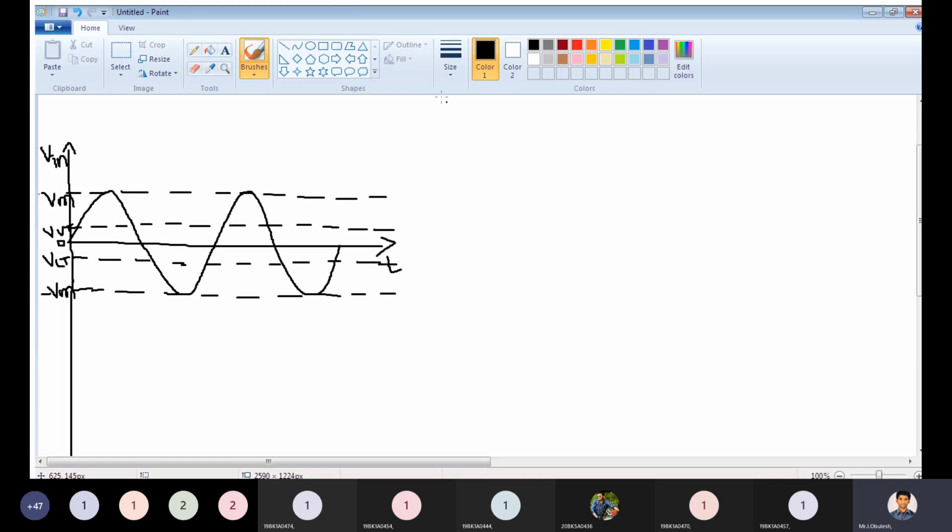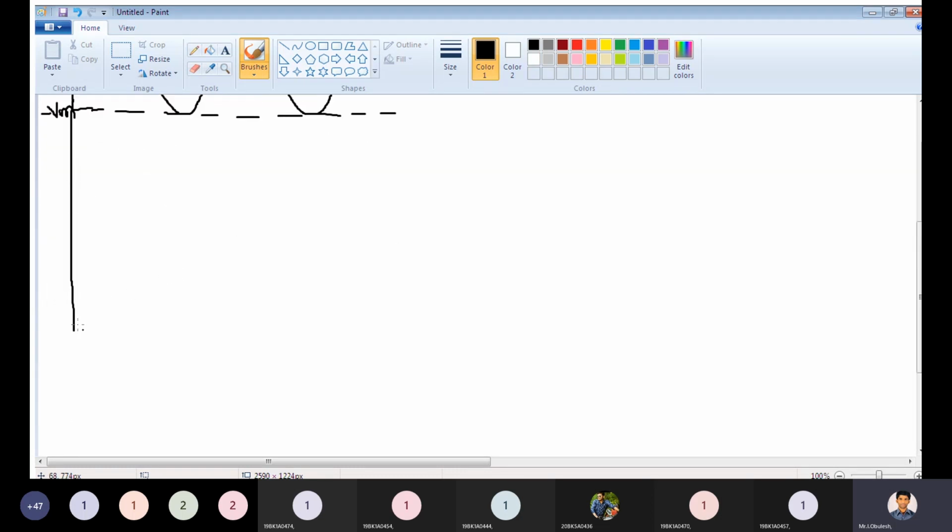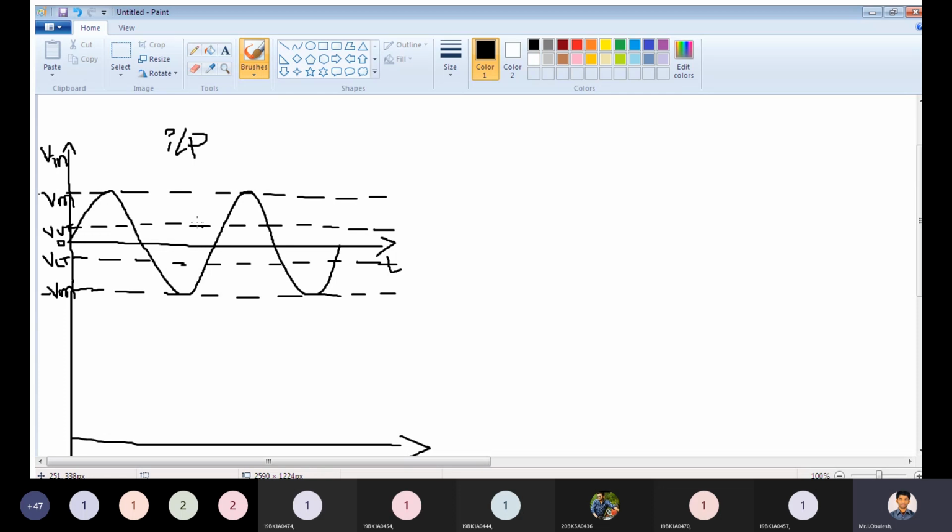Okay, this is the input signal. Then you need to draw the output. For the output, this is the upper threshold point.